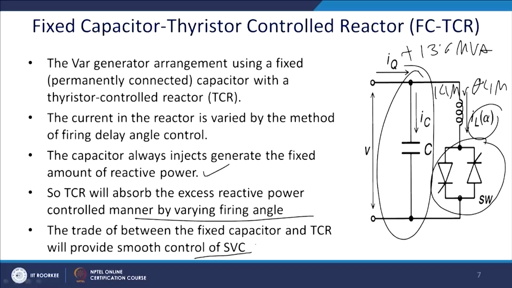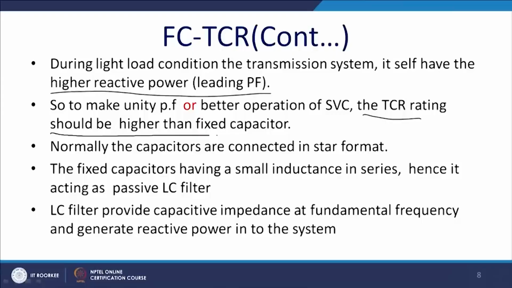So, we will have a bulk compensation by this fixed capacitor, and whatever the requirement, a small amount of requirement, we have to compensate more, and the remaining will be compensated by the TCR, and thus you get the actual rating. So, there is a problem. During the light load condition, the transmission system itself has a higher reactive power, or the leading power factor.